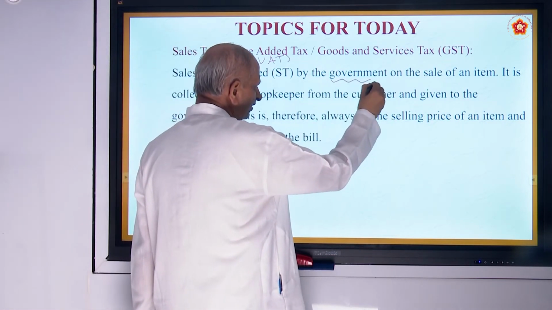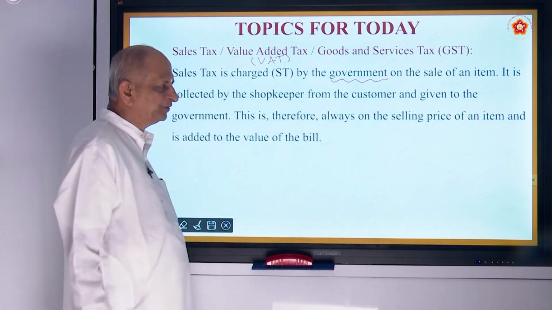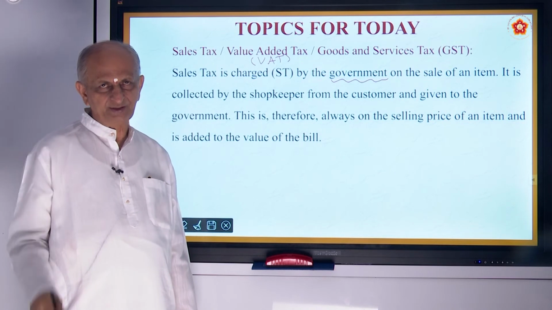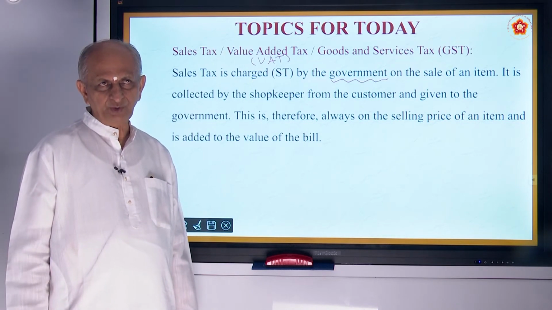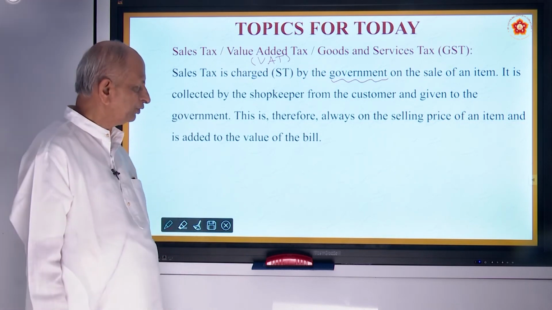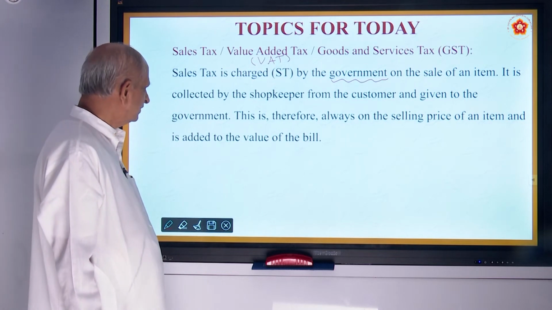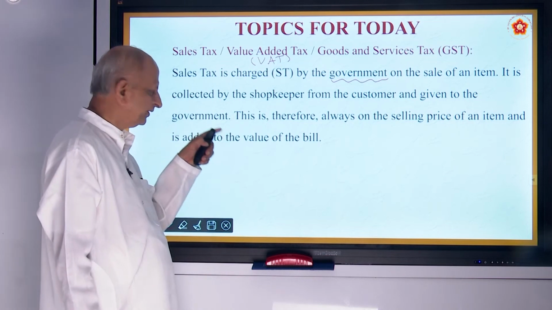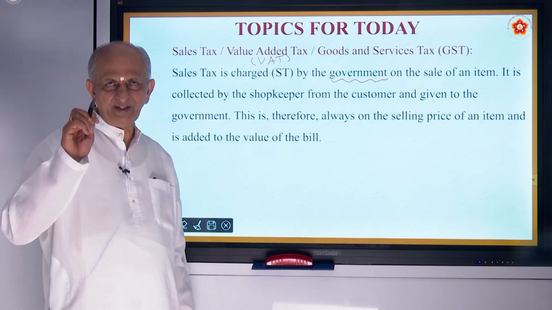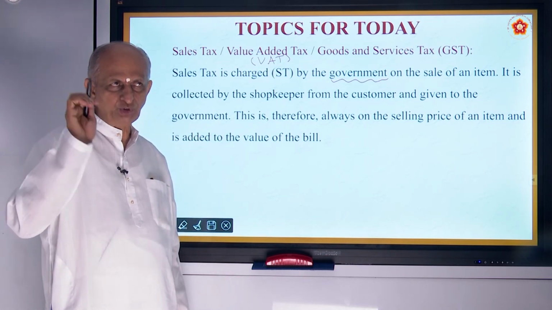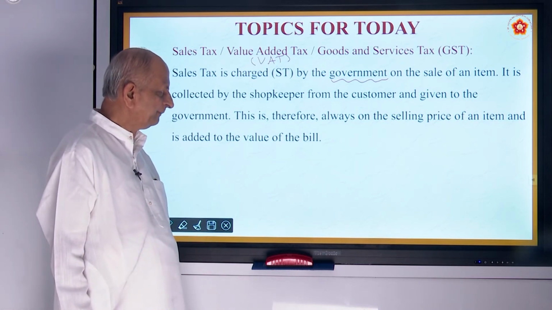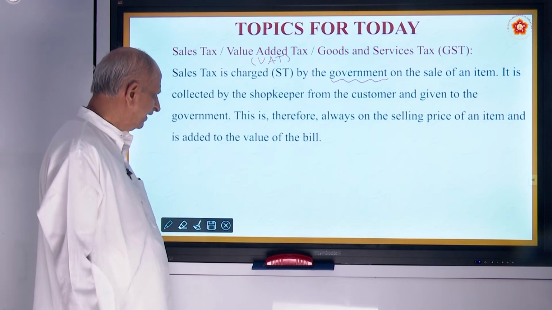So this is charged by the government for any goods, not all. For daily consumption items, they are not there. Milk, fruits, vegetables, all these things, there is no sales tax. It is collected by the shopkeeper from the customer and given to the government. So whenever he writes bills, he has to show the sales tax. This is therefore always on the selling price of an item and is added to the value of the bill.